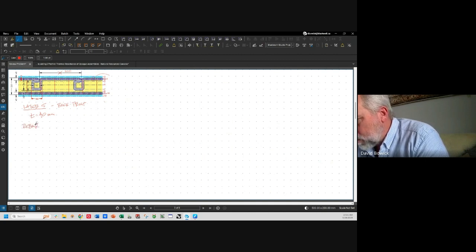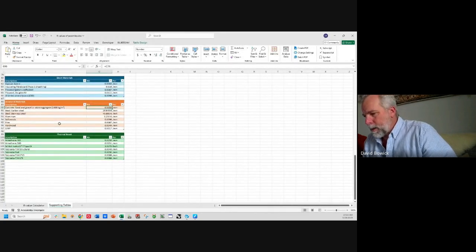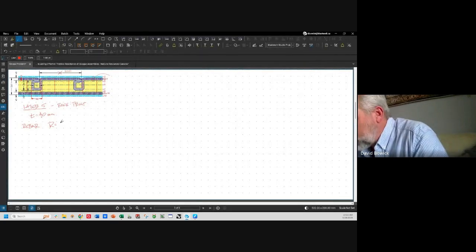R equals, we're going to flip over to our structural materials, stainless steel, 49.88 times 10 to the minus 6.